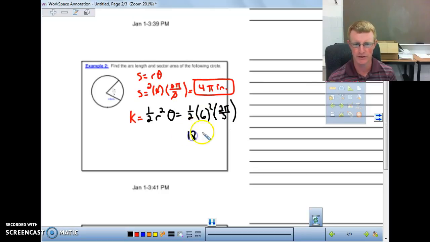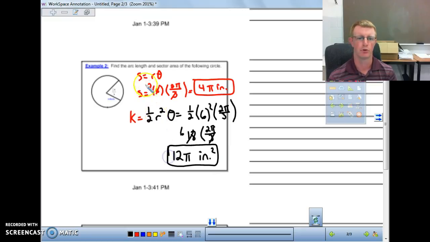So we end up with 18 times 2 pi over 3. 18 divided by 3 is 6. 6 times 2 is 12. So we have 12 pi inches squared. And again, using a formula, plugging values in, and simplifying. And notice we keep everything in terms of pi when we can.